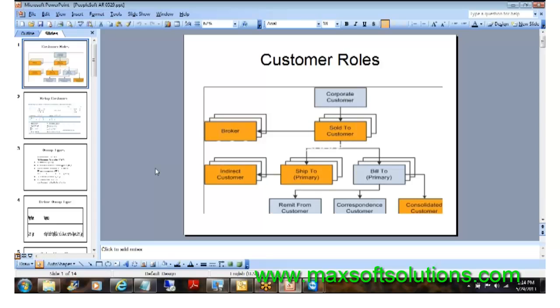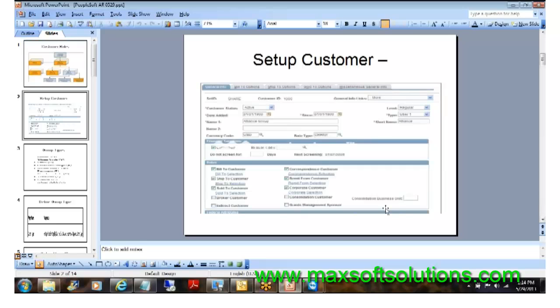Correspondence customer is the customer that receives information from the company, any invoices and mails, things like that. Then consolidated customer is a customer used for consolidated invoices and billing. Let's go right to the setup customer.